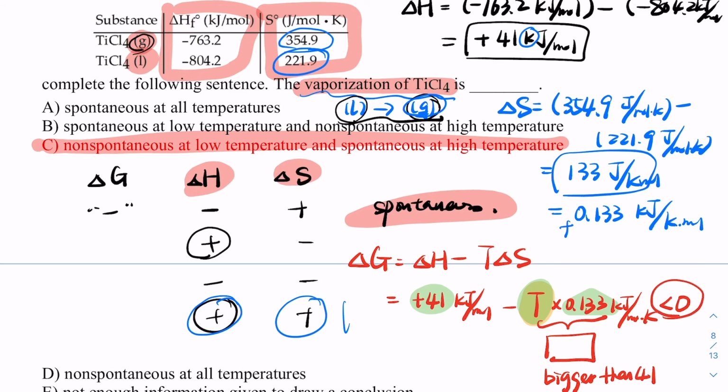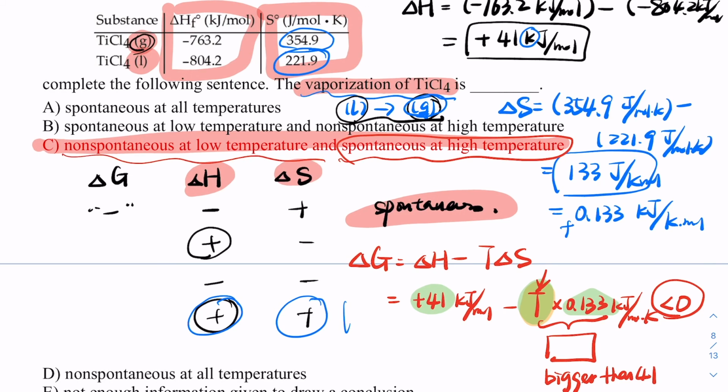Then delta G could be smaller than 0. So T needs to be a large value, otherwise it wouldn't happen. This is just a little number check to see how it works mathematically, and I already explained this during the lecture. The conclusion is that it's spontaneous at high temperature and non-spontaneous at low temperature.